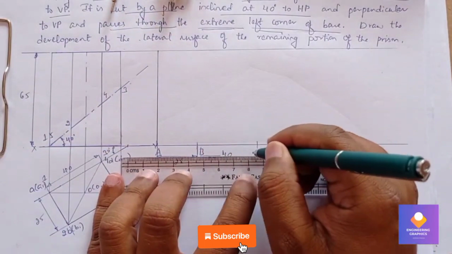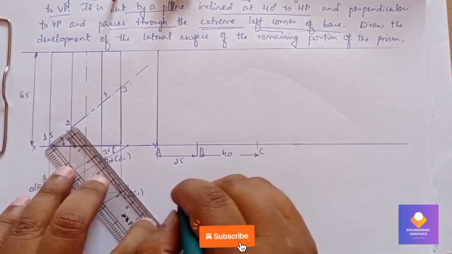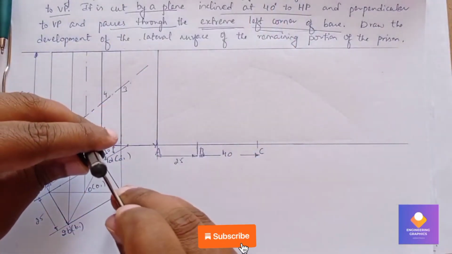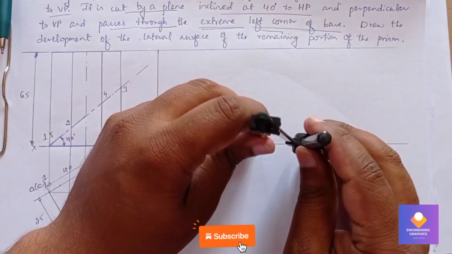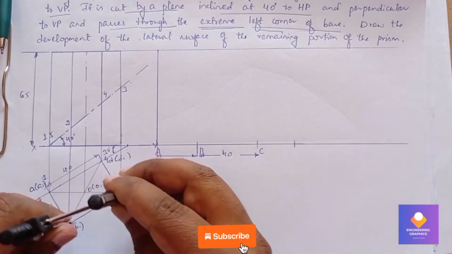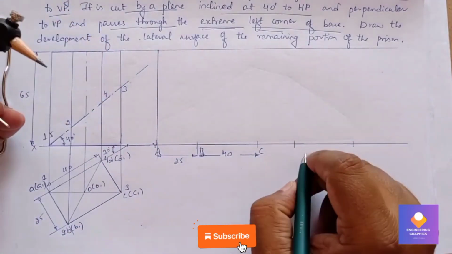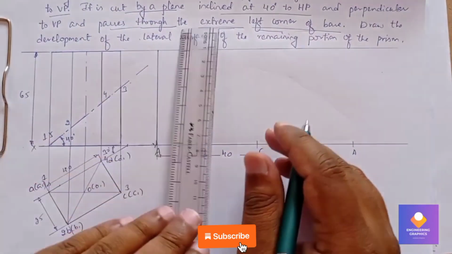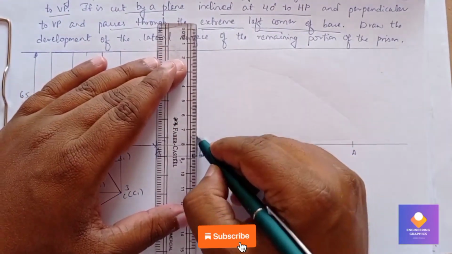Again from C to D we have 25, because this is a rectangular prism. So based on the edge we need to consider the length. Again from D to A, again it is 40. So we can mark the points here, D, and this is A. And we draw the vertical edges exactly at these B, C, D and A points.